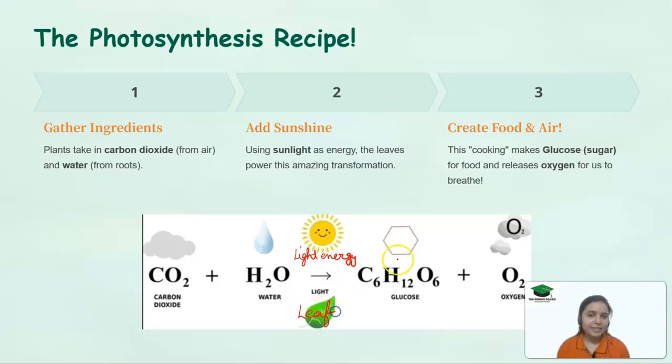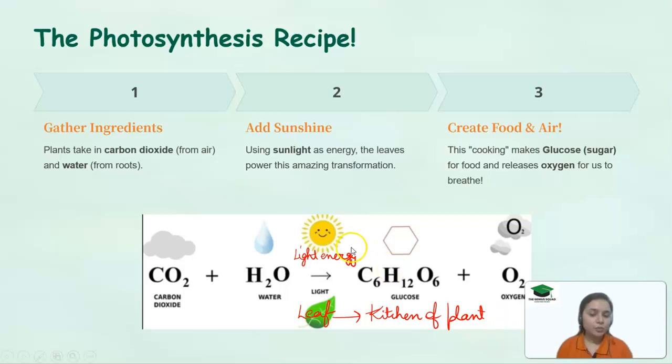Now, why inside a leaf? Because this whole photosynthesis is happening in the leaf, which is called the kitchen of the plant. So all this is happening in the kitchen of the plant, obviously, okay?